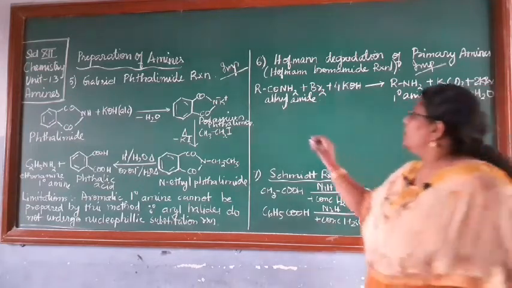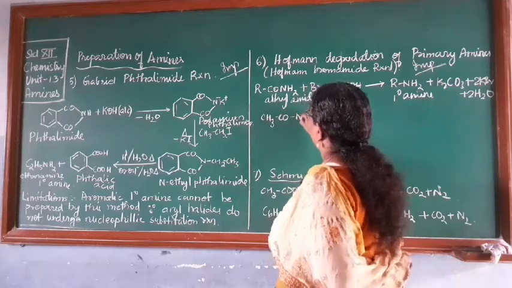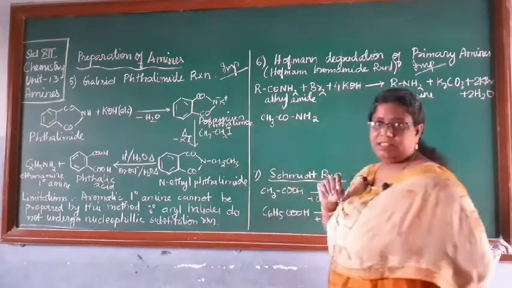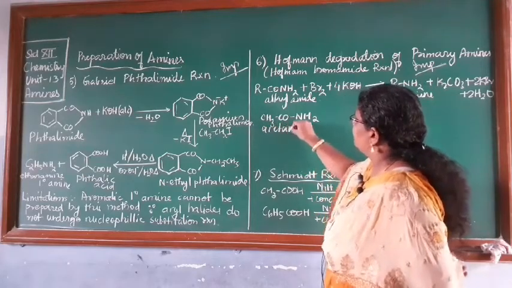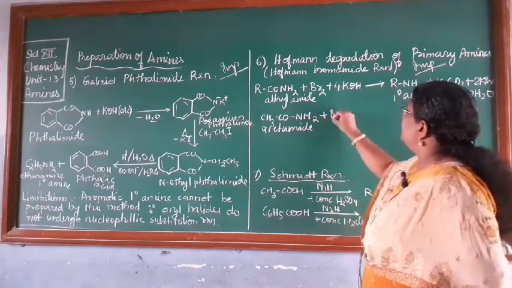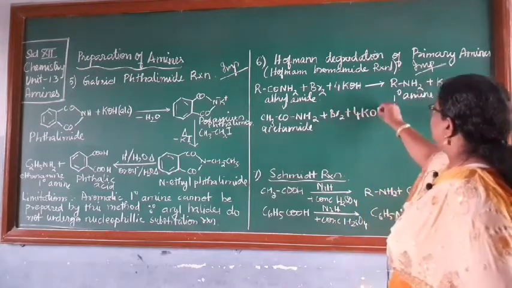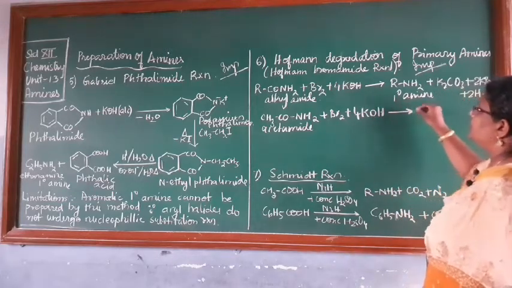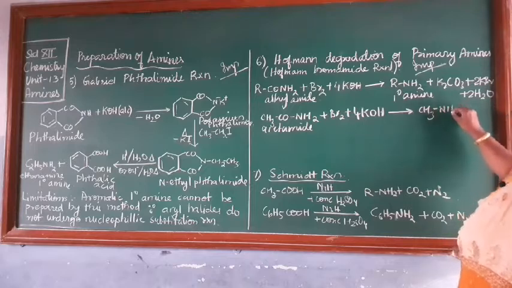For example, we take acetamide, CH3CONH2. This is acetamide. You treat it with Br2 and KOH. What do you observe? We observe that you get CH3NH2.